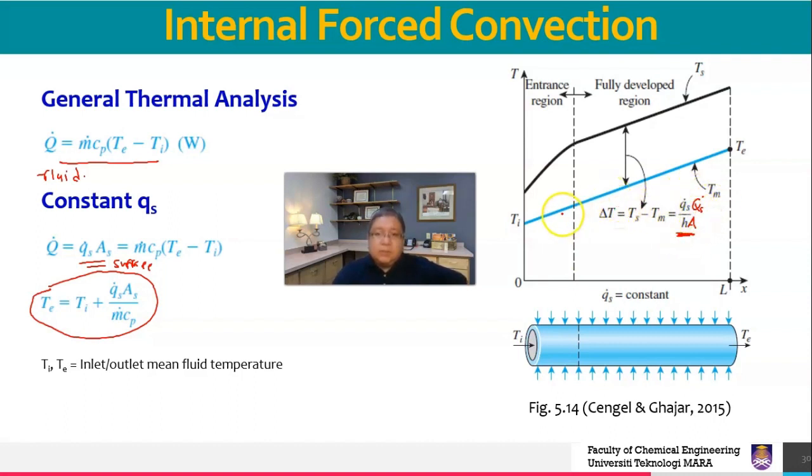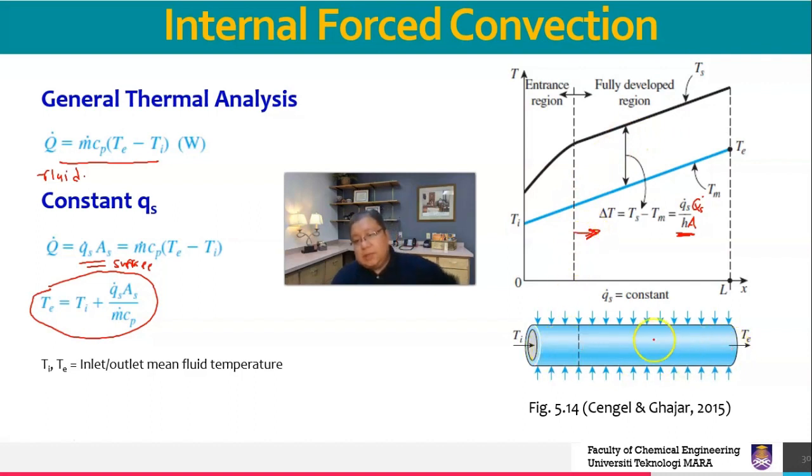At Ti, you will have a certain value of Ts, and it will develop until it reaches a constant value. Starting from this point, the fully developed region, fully developed L, the temperature gradient begins to be consistent, meaning that if the temperature of the fluid is increasing, the temperature of the surface increases as well.